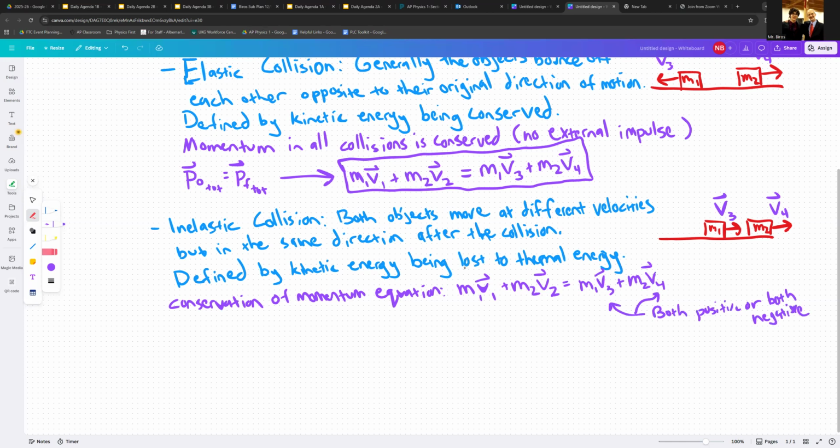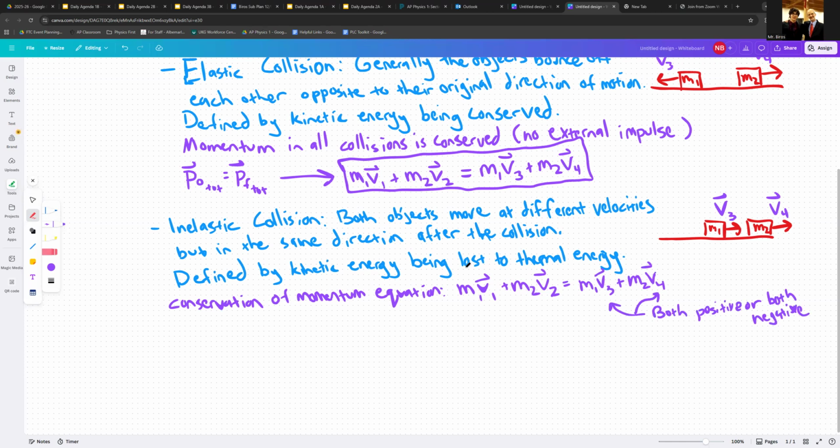Cool. I think that's it for inelastic. Again, it's mainly just you look at the collision, see what happens afterwards. If you note that they're both going in the same direction, that's pretty much confirming that it's an inelastic collision.